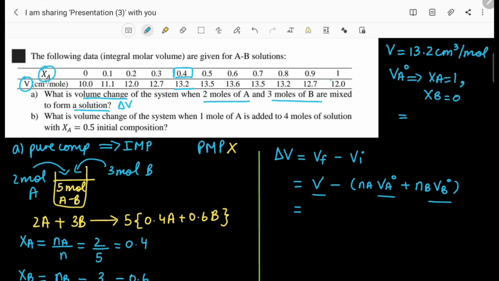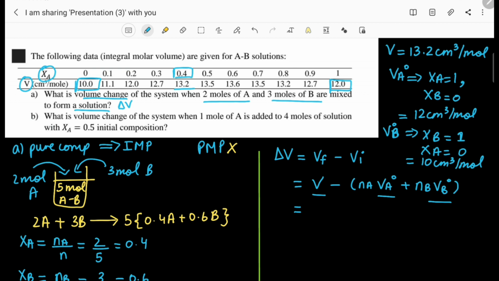From the table we can see that it comes out to be 12 cm cubed per mole. Similarly, we can find VB naught, which is when the mole fraction of B equals 1 or the mole fraction of A equals 0, and this comes out to be 10 cm cubed per mole, as we can see from the table.